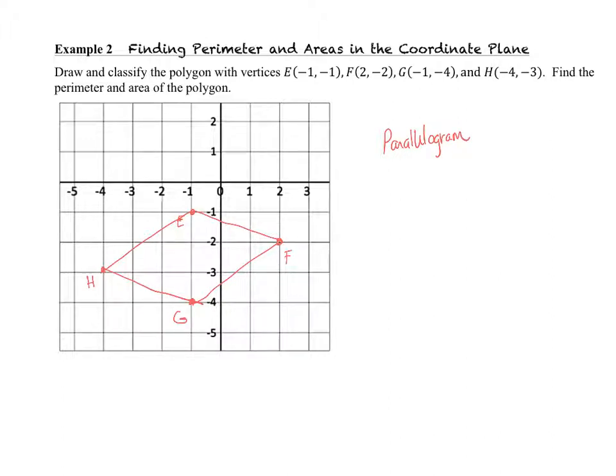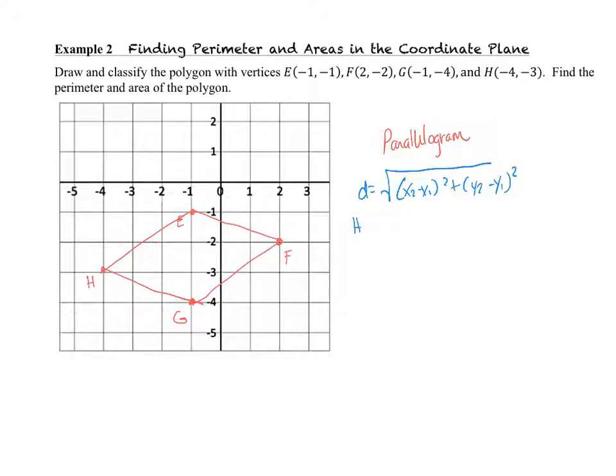And to find the perimeter and area of this parallelogram, we're going to need the distance formula to find the length of HE and EF, etc. So d equals the square root of (x2 minus x1) squared plus (y2 minus y1) squared.